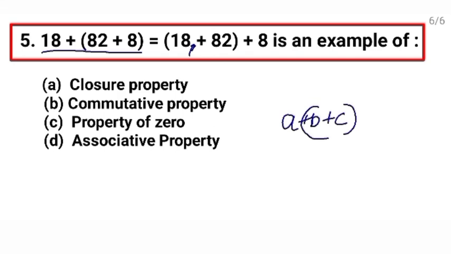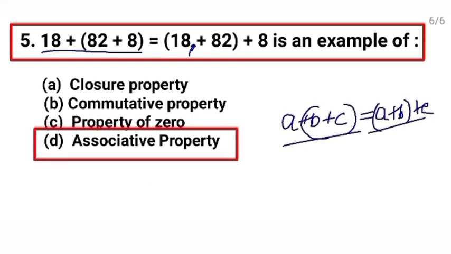On the left hand side we have enclosed b plus c. On the right hand side we have enclosed a plus b. Which property is this? A plus in bracket b plus c is equal to a plus b plus c. This is the associative property, right? So option D is correct here.